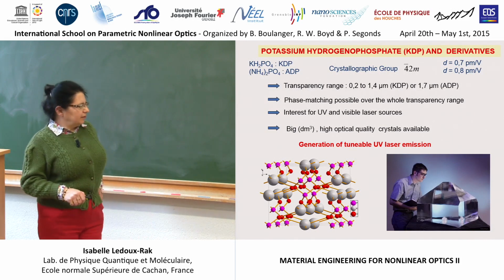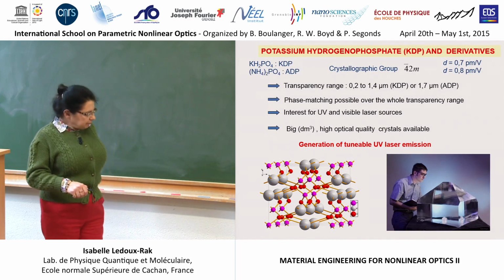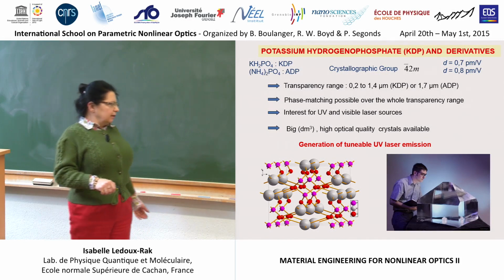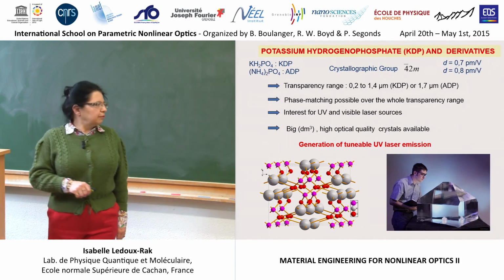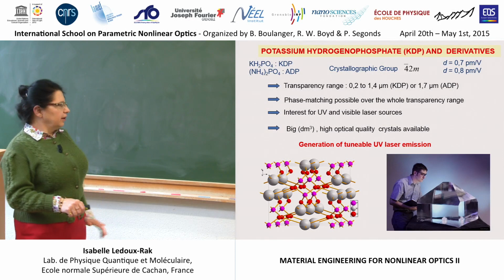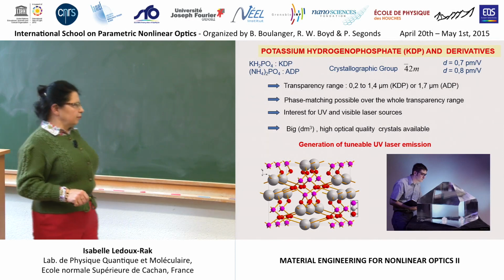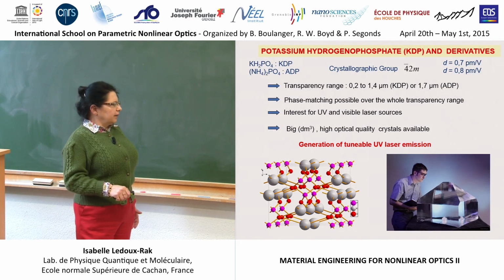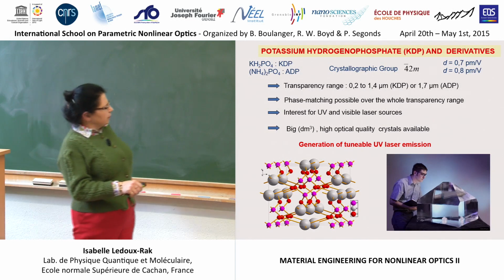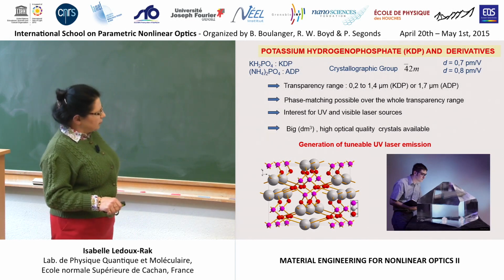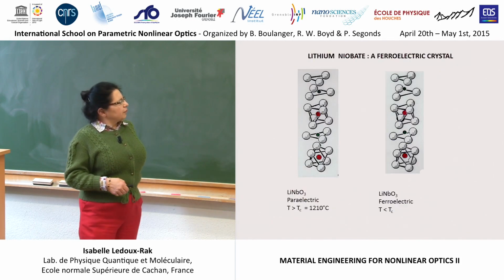The interest of having this big structure is to allow for having a very powerful laser beam with a very large diameter, then allowing transformation into harmonics with relatively good efficiency. This is the crystalline structure. These big atoms are potassium ions, and this is substituted by phosphorus and oxygen, phosphorus here and oxygen. But we will see some other structure.